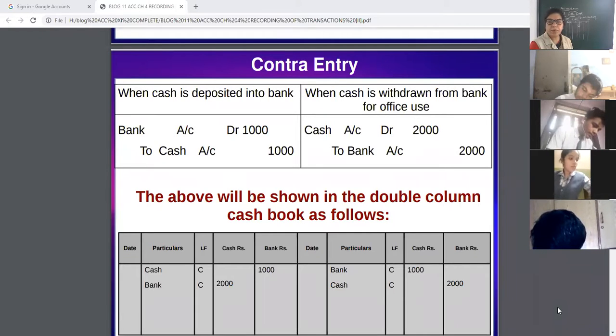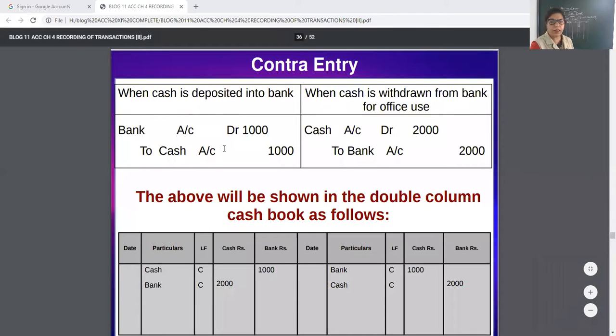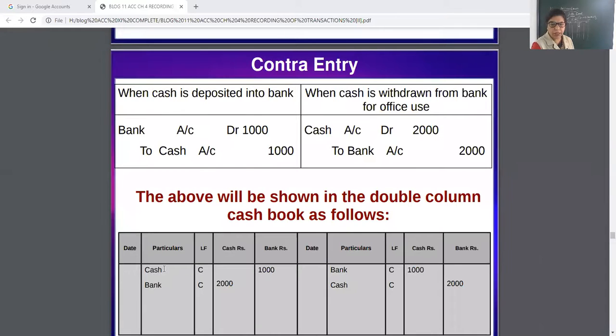Contra entry is passed when there are only two conditions: cash deposit into bank account, debit to cash account. Here we will write to cash, here we will write by bank. But because cash and bank both are coming, we have to write C. C shows contra entry. And when cash is withdrawn from bank, then cash account debit to bank.